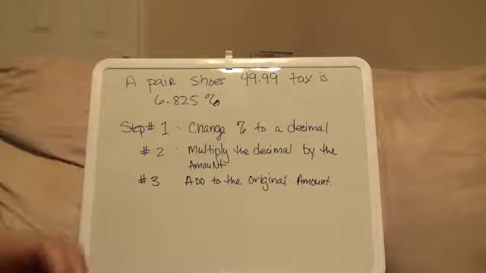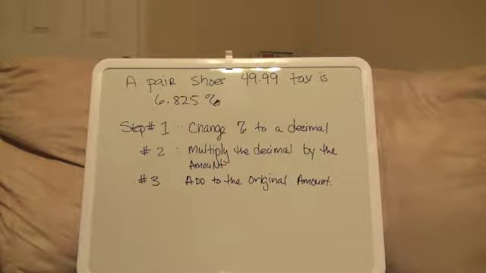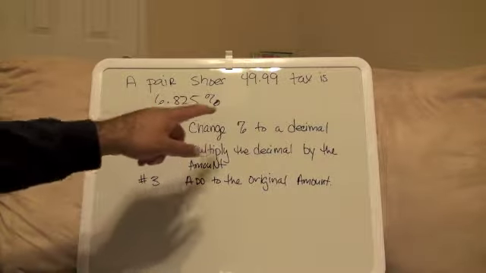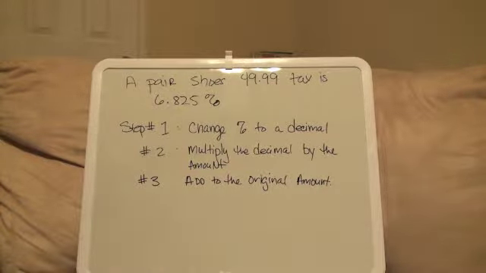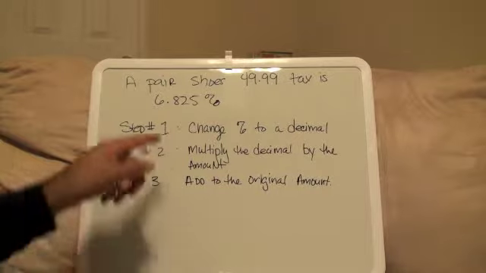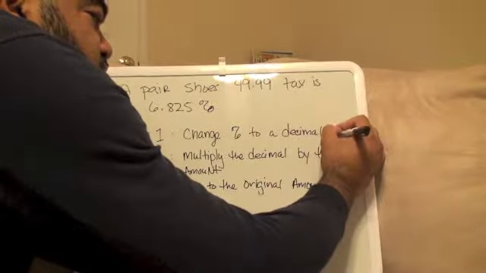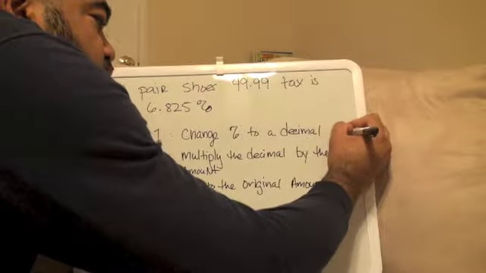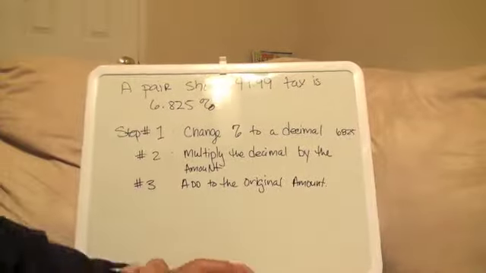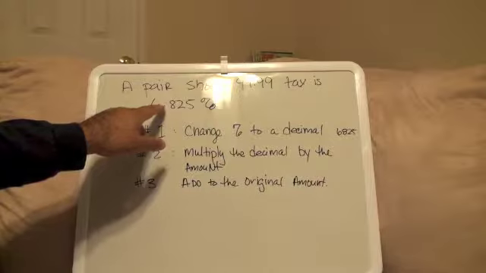Okay, so let's follow the same rules. I want to change my percent to a decimal, and like we said before, I want to write the exact same amount that's over here. So my number is going to be 6.825, and my decimal stops right here on that 6.